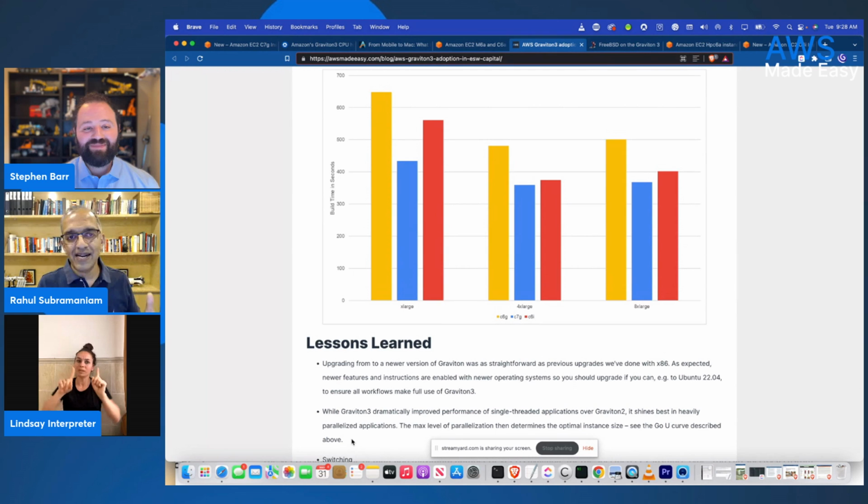When you look at x86 architecture, each core is a hyper-threaded core. That means you can run 2 threads on each core. So when you buy a vCPU or when you reserve a vCPU on x86 architecture, what you're effectively getting is half a core, or you're getting 1 thread. If you get a 2 vCPU instance, you effectively get 1 core at that point. On ARM, given that ARM is single-threaded on a per-core basis, what you get is an entire core.